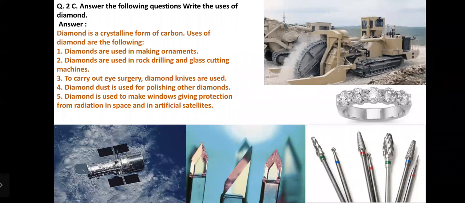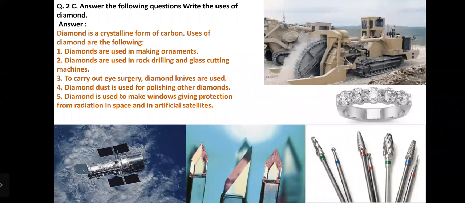Since diamond is very sharp and the hardest substance in the world, it can be used in rock drilling machines. And also, since diamond has a sharp edge, it is used for cutting glass.